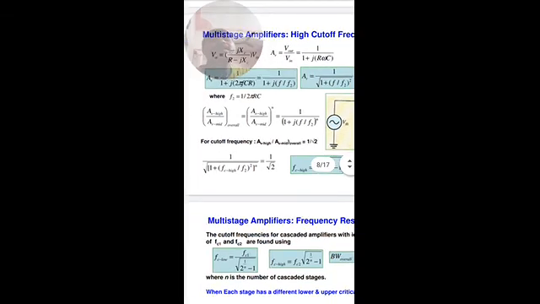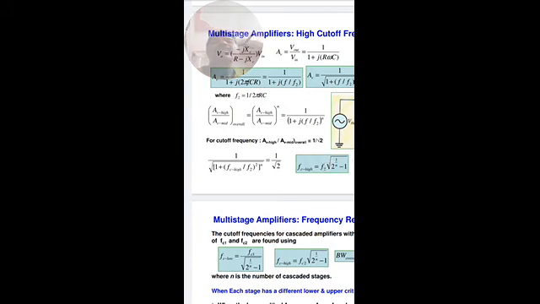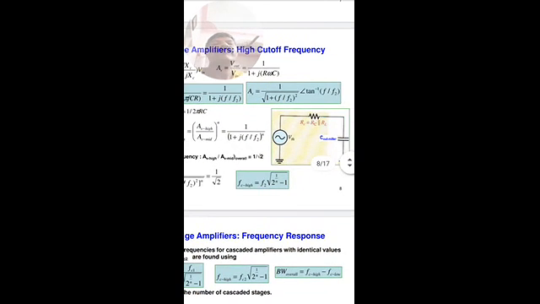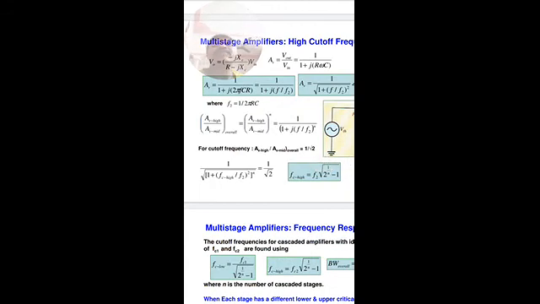Here we can write the voltage equation: V0 is equal to minus jXc into V in divided by R minus jXc, or AV is V0 by V in, that is 1 by 1 plus j omega RC, or AV is equal to 1 by 1 plus j 2 pi F CR, or that is 1 by 1 plus j F by F2, or AV is equal to 1 by under root 1 plus F by F2 whole square, with angle tan inverse of F by F2, where F2 is 1 by 2 pi RC.